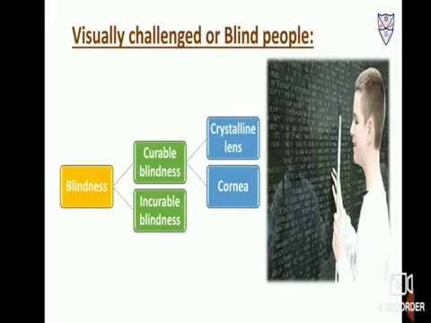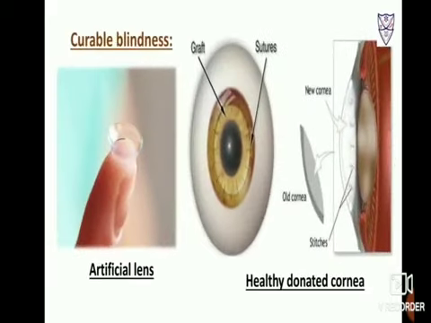Now let us discuss this in detail. See the first one. If the crystalline lens becomes opaque, it is removed surgically and replaced by an artificial lens.